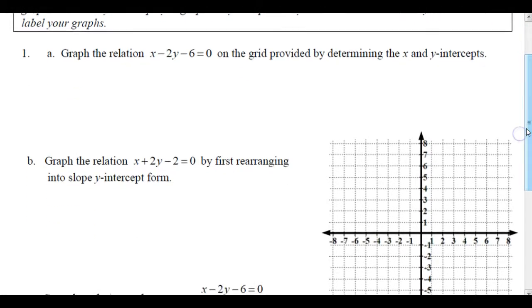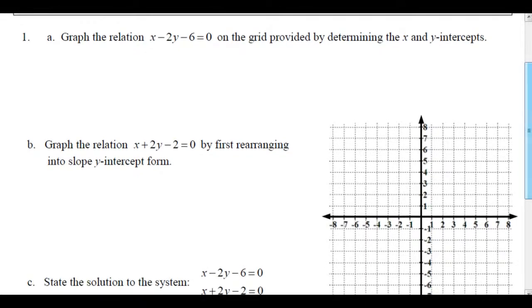Graph the relation x minus 2y minus 6 equals 0 on the grid provided by determining the x and y intercepts. Okay, x-intercept. You set y equal to 0. I'm taking a shortcut, right? I'm just going to go x minus 6 equals 0, so x equals 6.